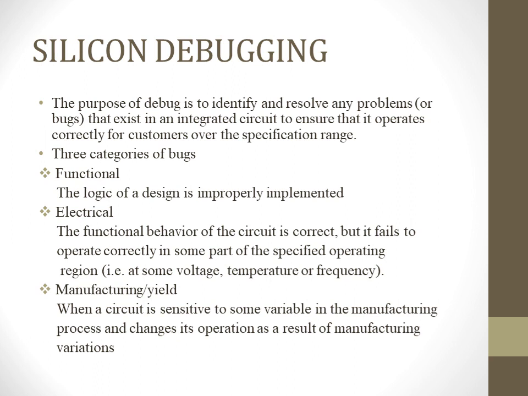The goal of the debug is to find all bugs and eliminate them through design changes or other means before selling the device to a customer. This class briefly describes the process, design features, tools, and methods used to accomplish this goal.